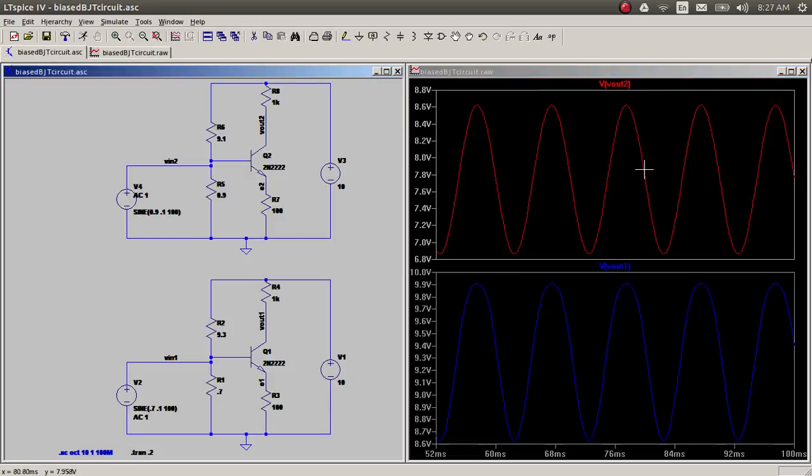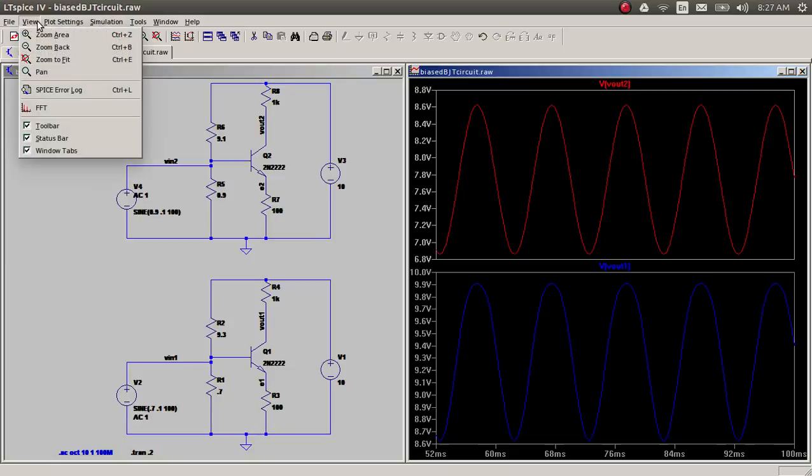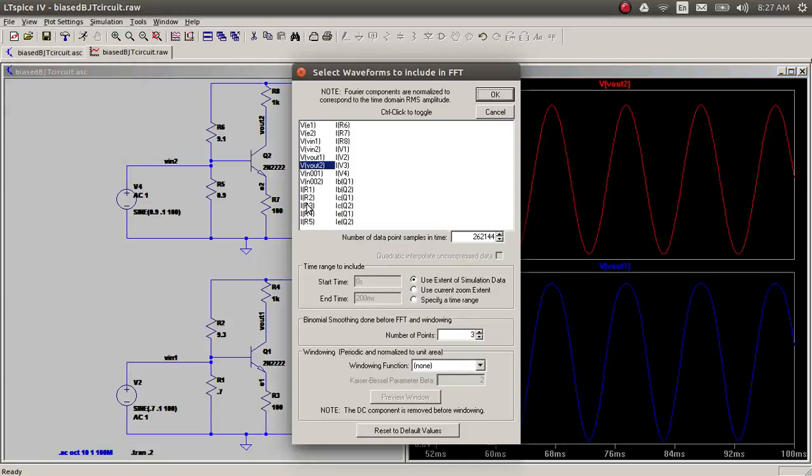The one last thing I want to talk about is quantifying the distortion, the waveform that's not looking like a sinusoid, and how much of the waveform is not a sinusoid. If you click on the menu, options change depending on which window you are on. So if you click on that window, you can ask for an FFT of Vout2 and Vout1.